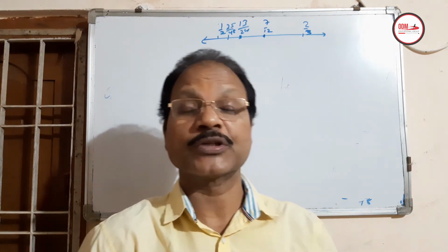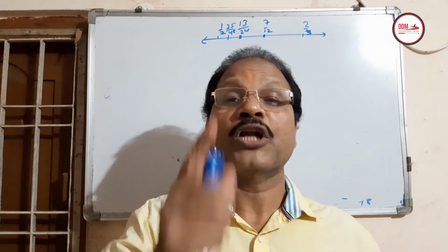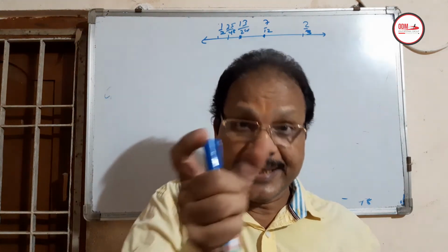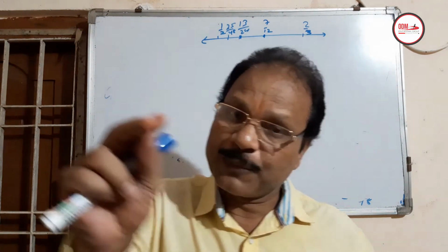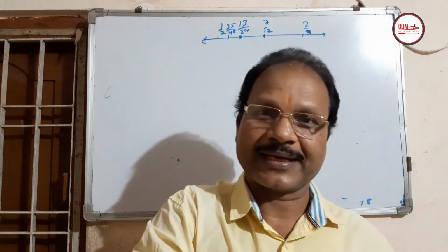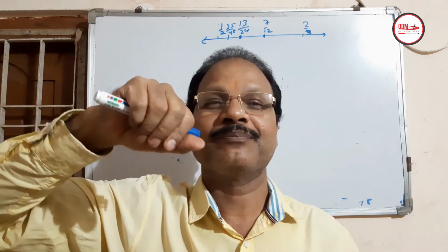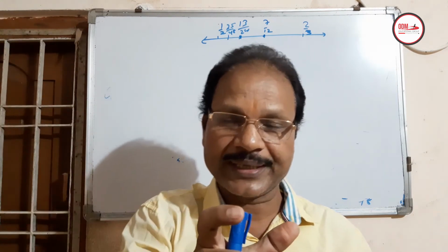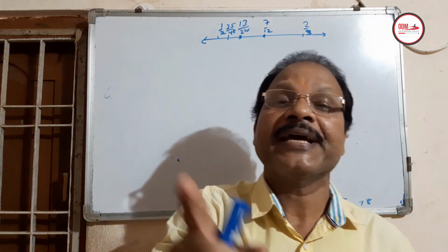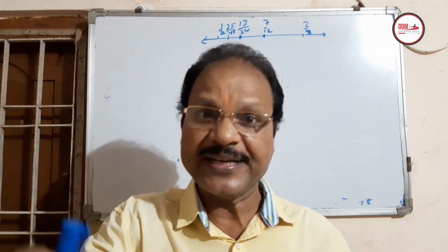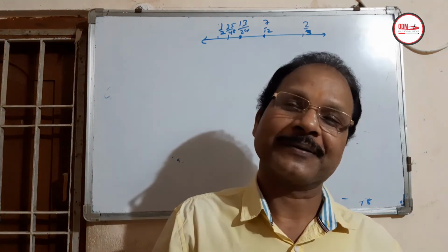It is absolutely false, because in whole numbers 1, 2, 3, 4, 5 are there, 0 also there. But in natural numbers, only 1, 2, 3, 4, 5 up to infinity are there. Means 0 is not there. That's why a whole number is not necessarily a natural number. But every natural number is a whole number.